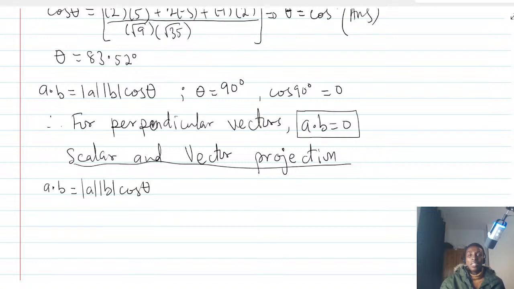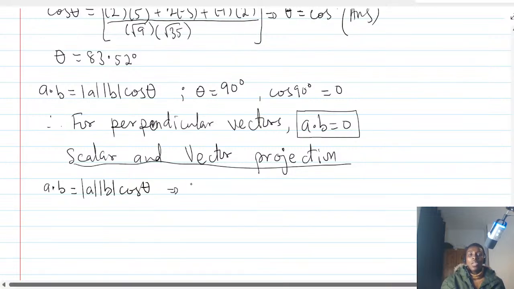This means I can also write it with |B| cos theta as the subject: |B| cos theta is A dot B divided by |A|.